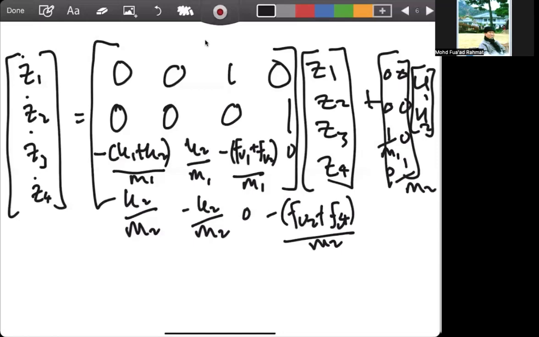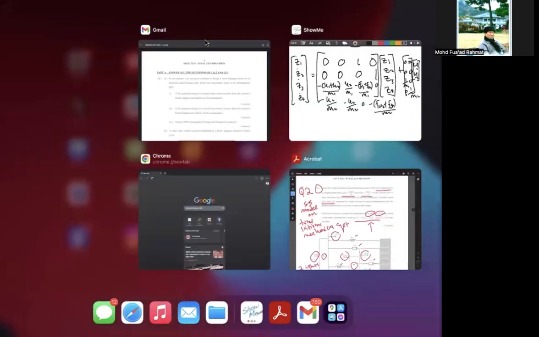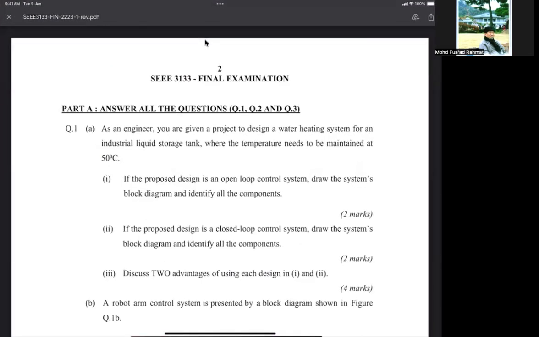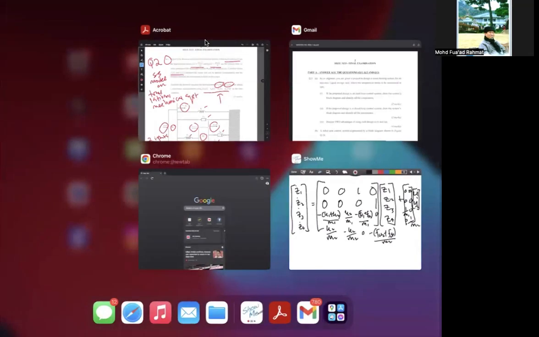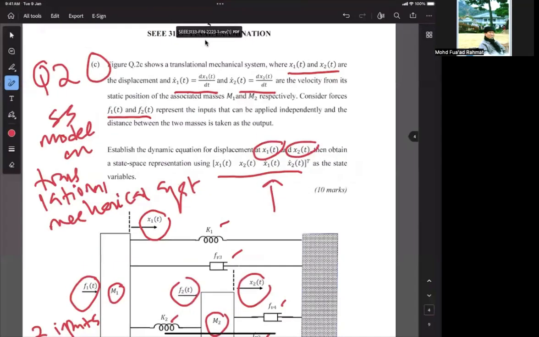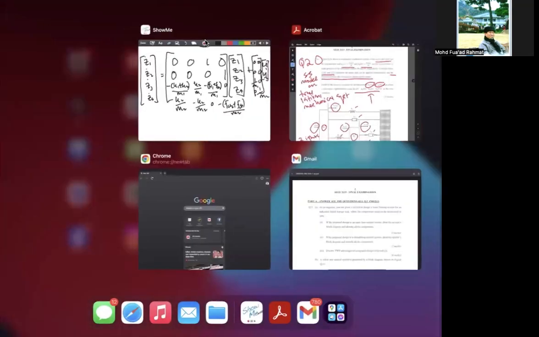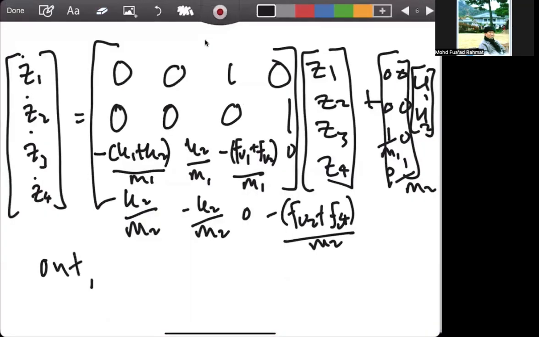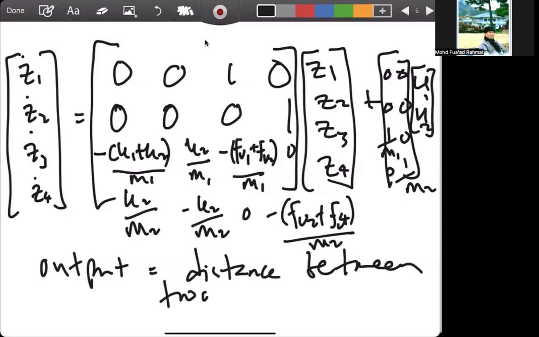And the output of the system, look here, what is the output? The output is the distance between the two masses.